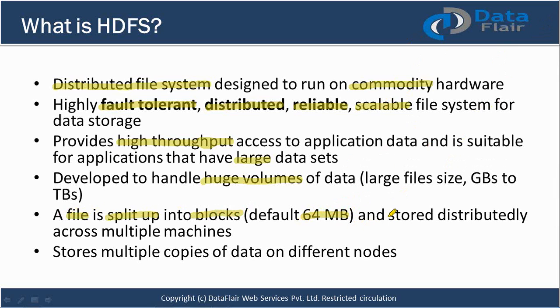So guys, it splits up the file into blocks and stores them distributedly. The blocks are stored distributedly across multiple machines. It means if you are having one file, Hadoop will break that file into multiple pieces and store across all the machines. We'll discuss this again in great detail with some animation. It stores multiple copies of data on different nodes for the purpose of fault tolerance.